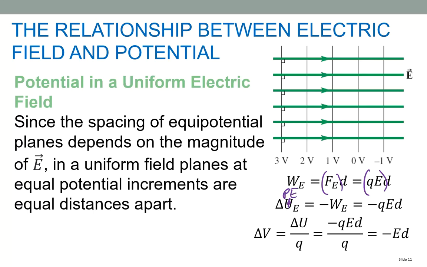You're more comfortable with that, right? So the change in potential energy is defined as minus the work. And so that's minus QED. And then the change in voltage is minus the change in potential energy divided by charge, so minus QED over Q, or minus ED. So the change in voltage is minus ED. What does the minus sign mean? That means that if you're going with the electric field, you're going to have the voltage drop.